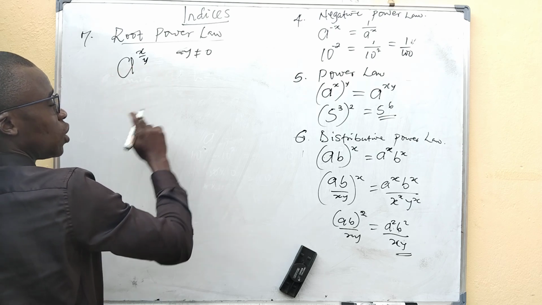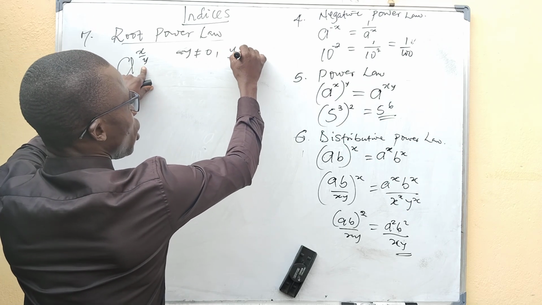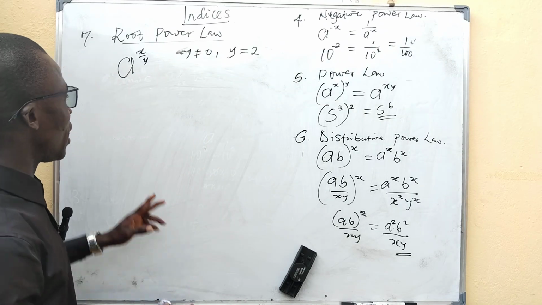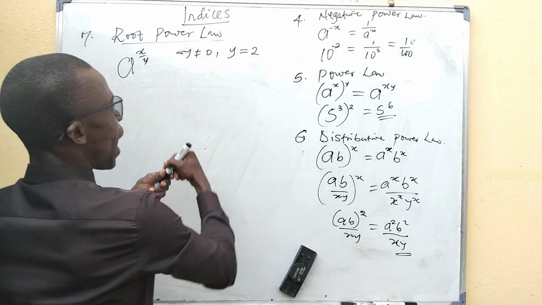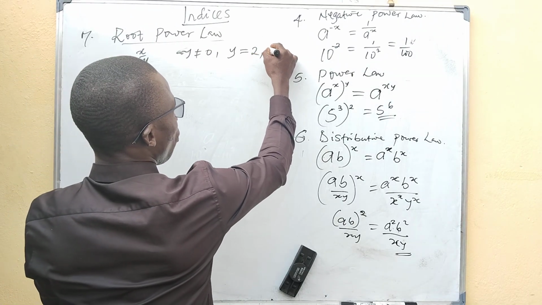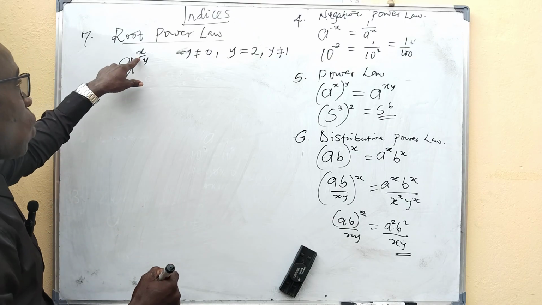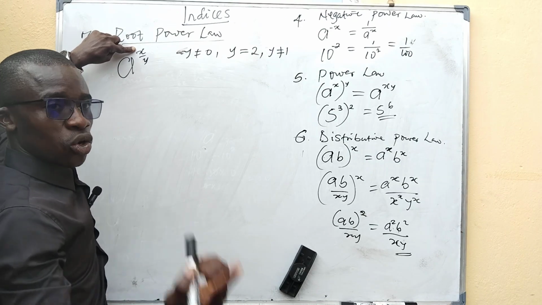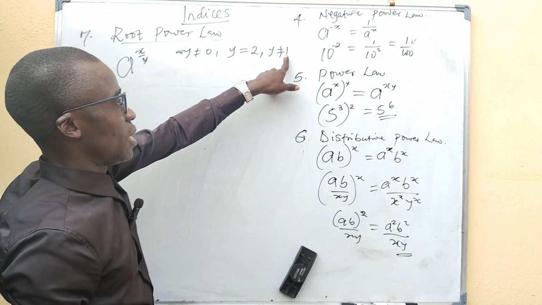And the same y must also not be equal to 1, because if y becomes 1, then x will automatically turn to a whole number.